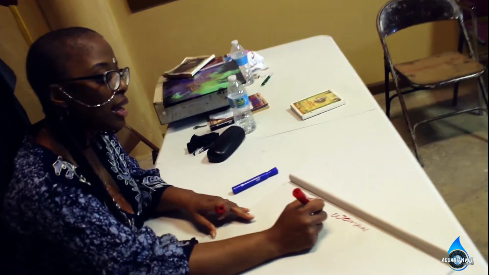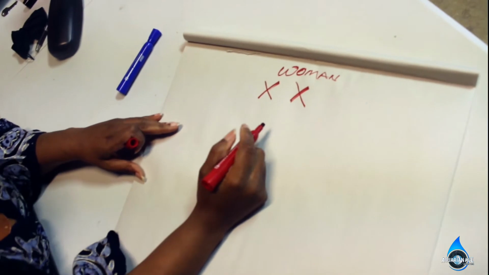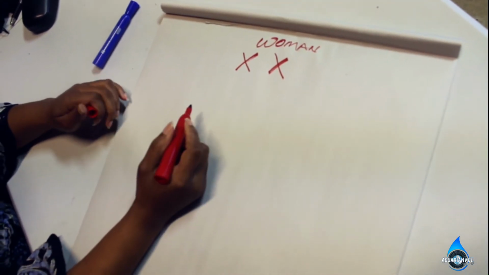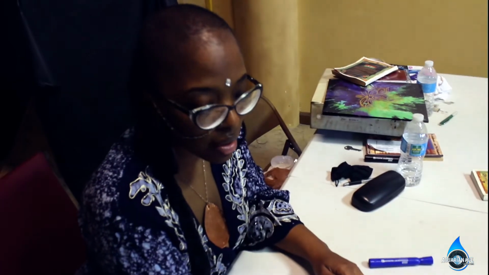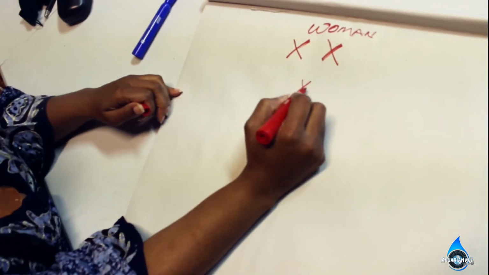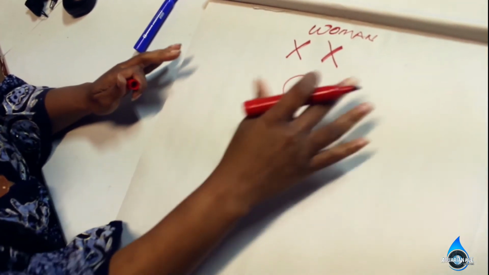The woman would be the XX chromosome. With the XX chromosome, the woman is a complete being. She only carries XX chromosomes. She doesn't carry anything other than that. So when she ovulates, she produces X eggs within her reproductive system.